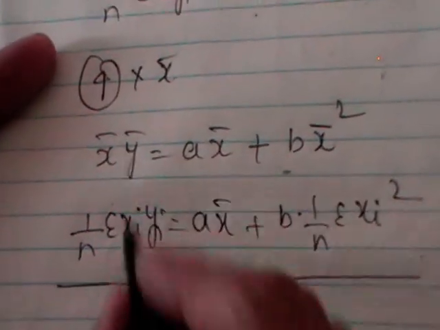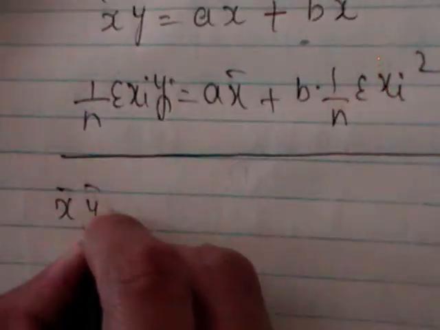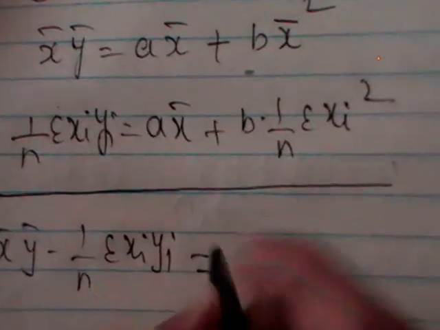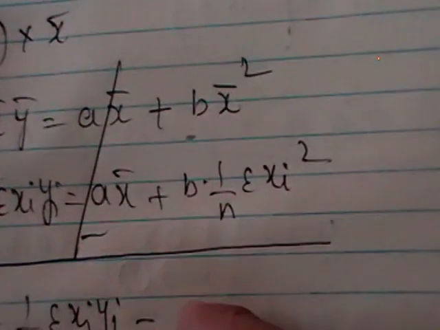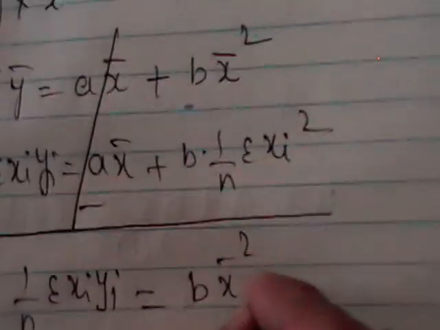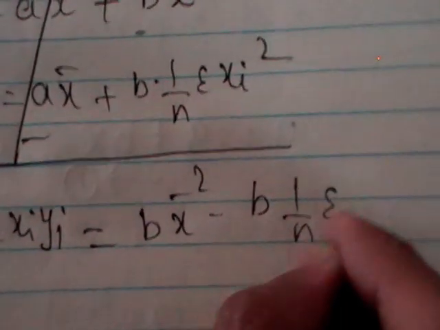If you subtract these two, x bar y bar minus 1 by n sigma xi yi is equal to, these two cancel, b x bar square minus b into 1 by n sigma xi square.